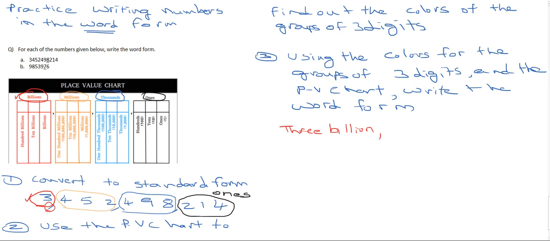Next we have the orange color, 3 digits, 452, that corresponds to millions. And so this is 452 millions. So we can write that as words, 452 millions.